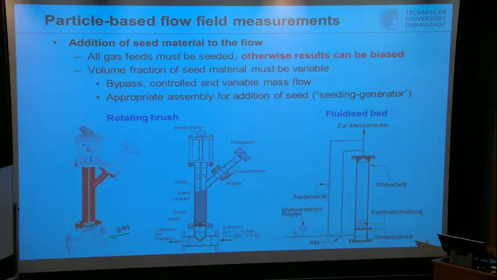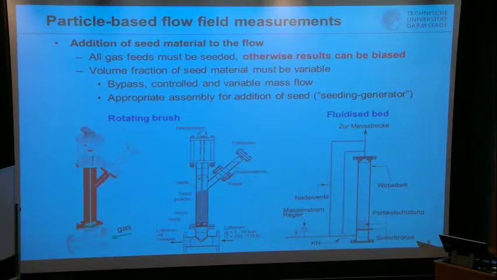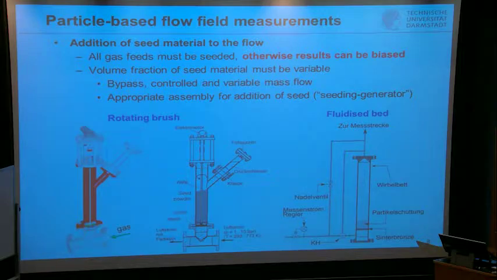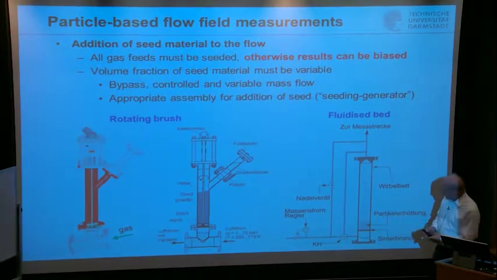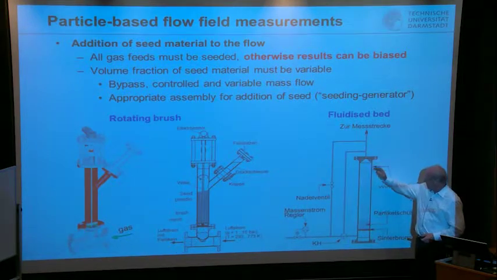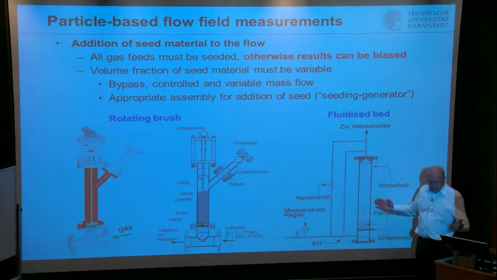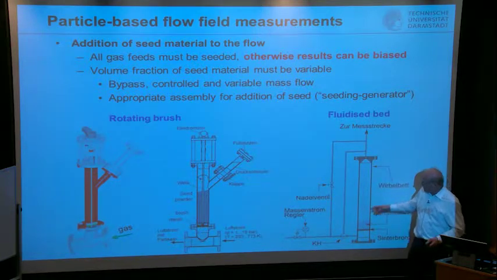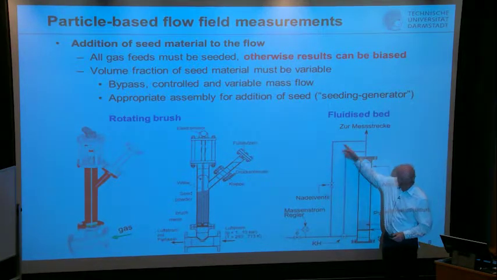A bypass because you want to control the seeding density depending on your needs. We'll see later in PIV, LDV that might be different. And as well, in situations like the gas turbine combustor, if you operate that seeding, your windows will be covered within a couple of seconds, and you prepare for measurements, you heat up and so on, and you will send all your mass flow through the bypass.